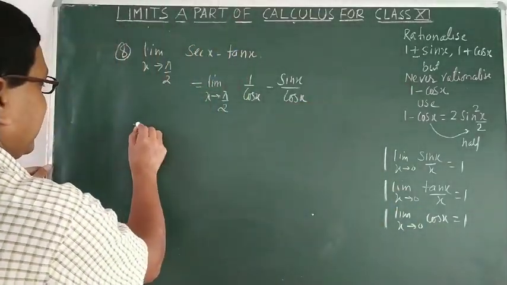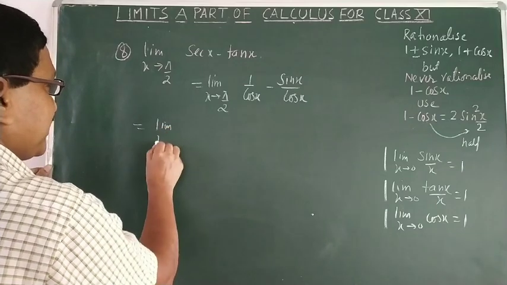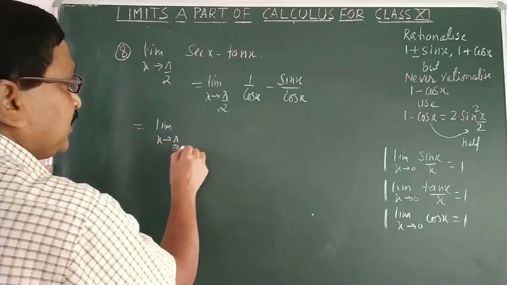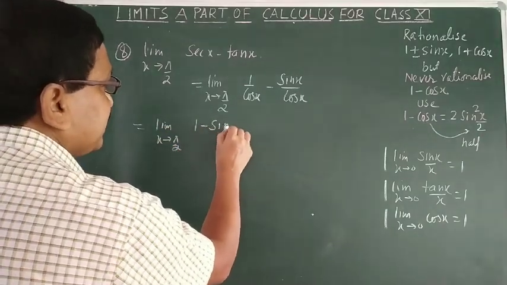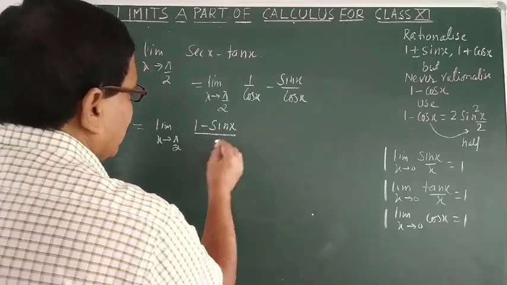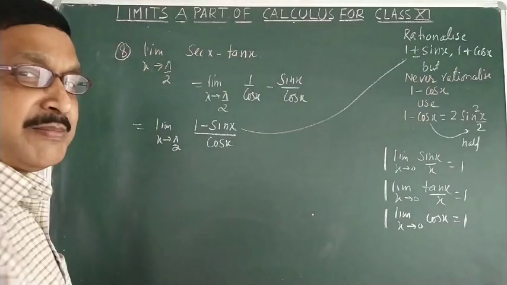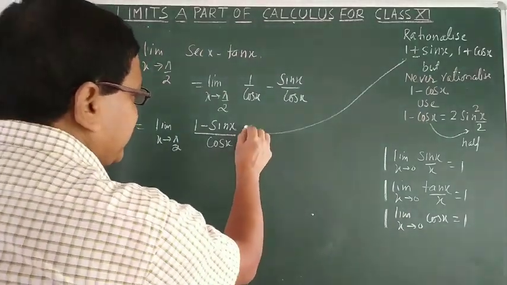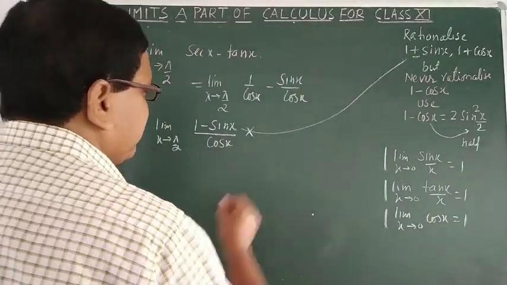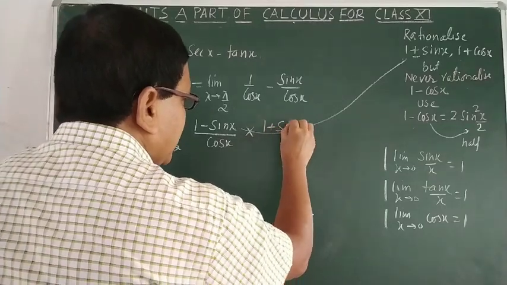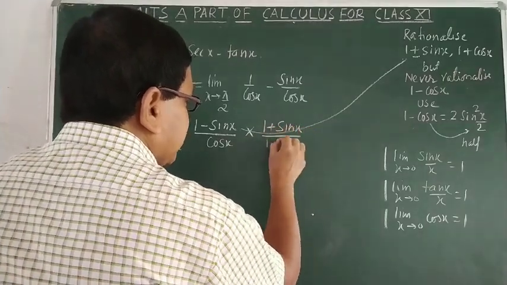Just go by taking help from this now. So just see again, limit x tends to pi by 2, this is 1 minus sin x by cos x. Just see, 1 minus sin x can be rationalized. So rationalize it immediately, with 1 plus sin x by 1 plus sin x.